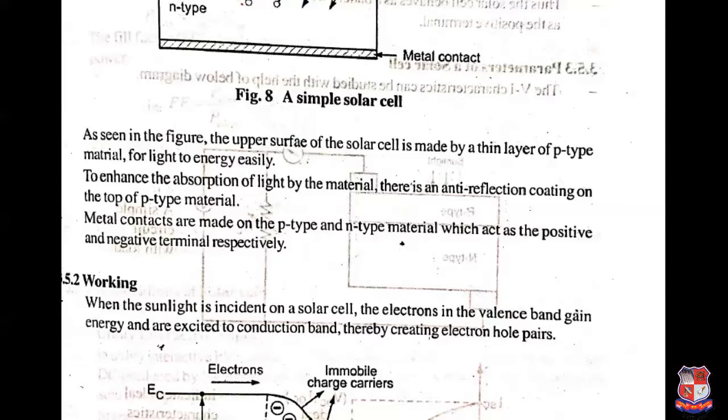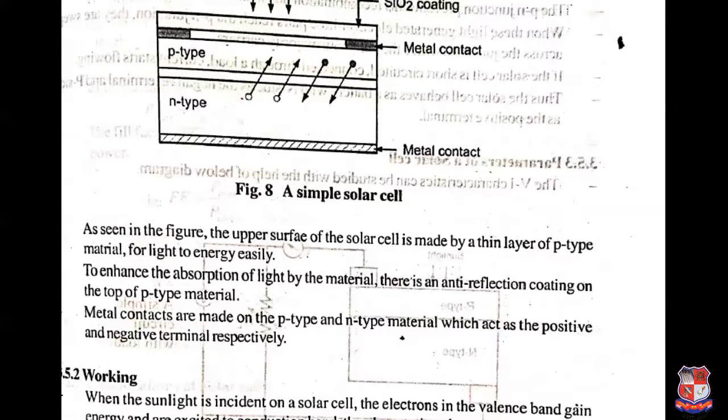To enhance the absorption of light by the material, there is an anti-reflection coating on top of the p-type material. Here is the SiO2 coating. Metal contacts are made on the p-type and n-type material, which act as the positive and negative terminals. So figure number 8 is the construction of a solar cell.